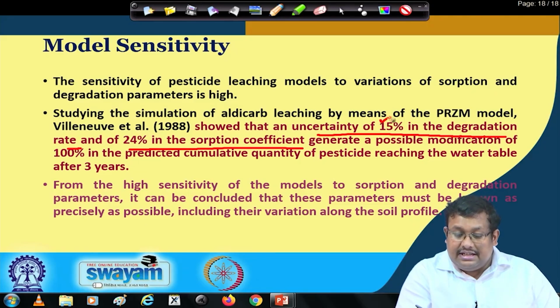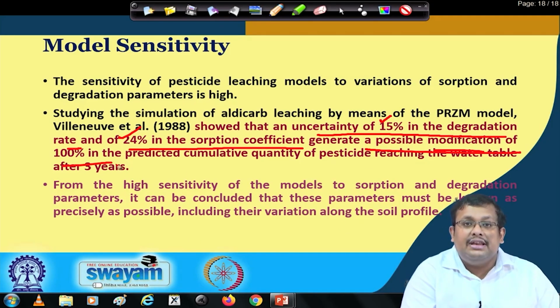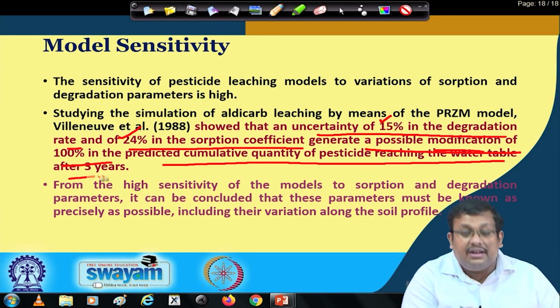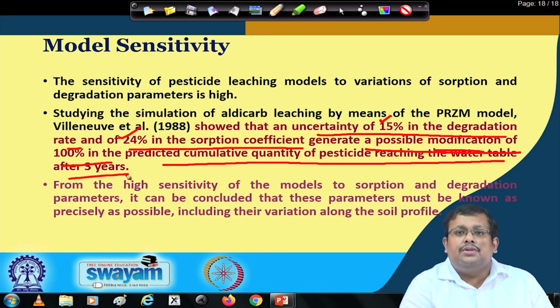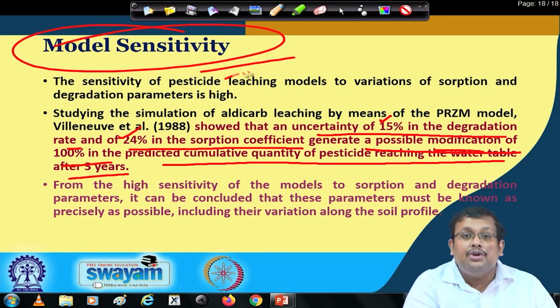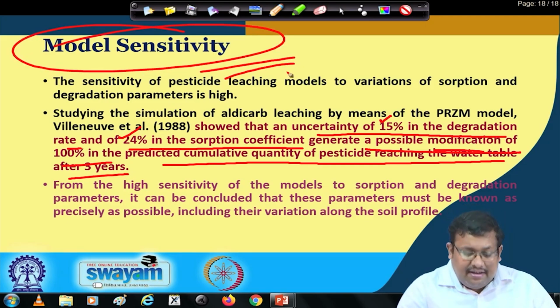So, there are two input parameters, 15% uncertainty in the degradation rate and 24% in the sorption coefficient, which generate a possible modification of 100%. You can imagine a possible modification of 100% of the predicted cumulative quantity of pesticide leaching to the water table after 3 years. So, this shows the importance of model sensitivity and why we should analyze it. It is very, very important.